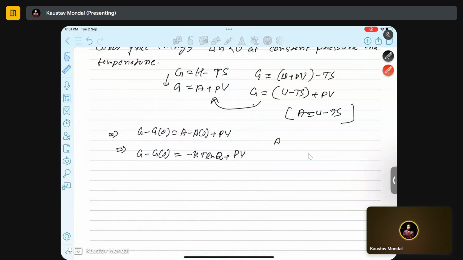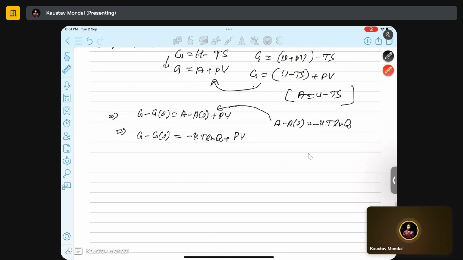So A minus A0 is minus KT ln Q, which is being used here. So this expression we got in our previous derivations, right? So this is basically the expression of the Gibbs free energy in terms of canonical partition function, capital Q.